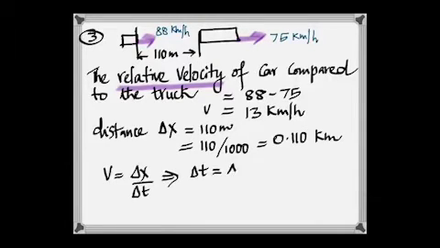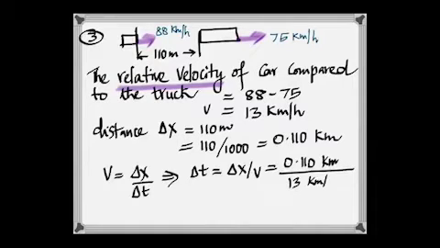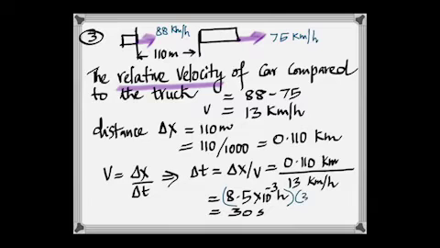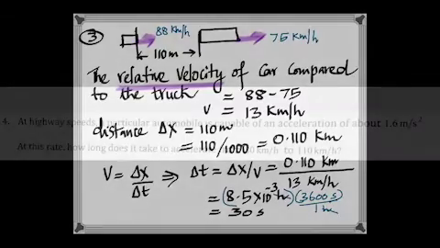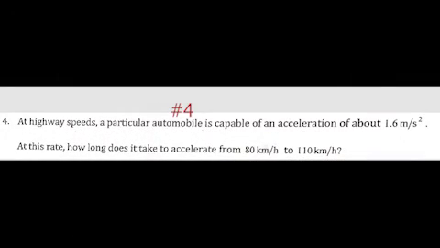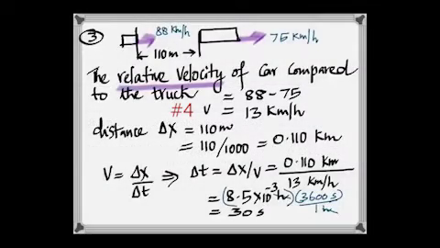Rearranging, time is displacement over velocity: 0.110 kilometers divided by 13 kilometers per hour. Remember that you're going to get the time in hours, so you got to convert it into seconds by multiplying by 3600. So when you multiply, you get... check this calculation.